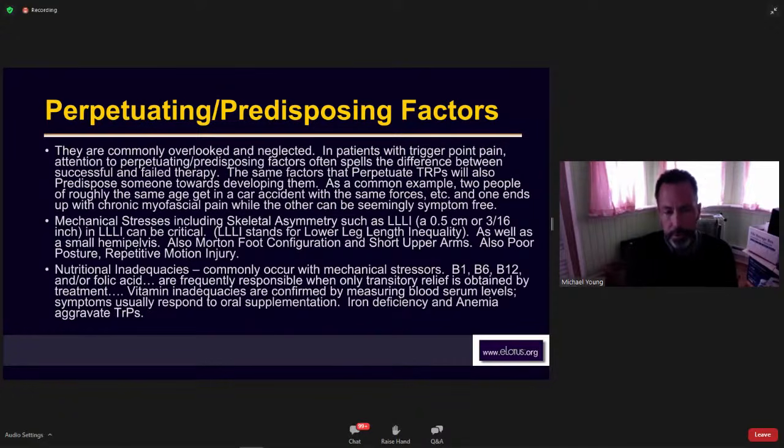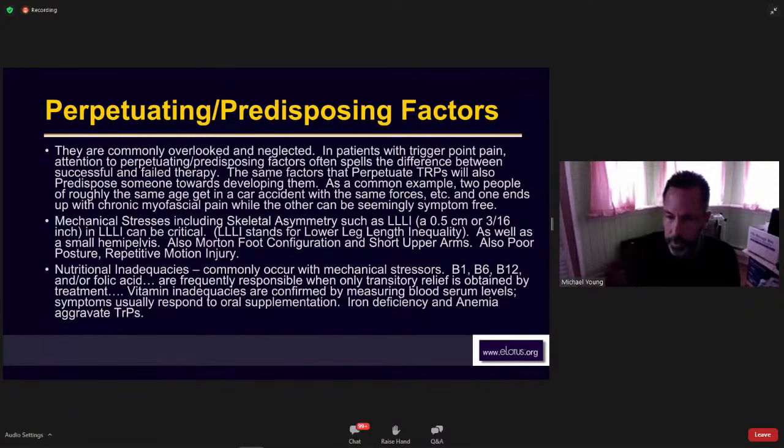Travell talked about this, like if you might have, say, a 0.5 centimeter difference in leg length, and maybe you're doing great, and then boom, you get in a car wreck, and say the quadratus lumborum was affected, and then all of a sudden that discrepancy in length will make it more challenging for that muscle pattern to get better. So it's one of those things, I guess, like straws on a camel's back.